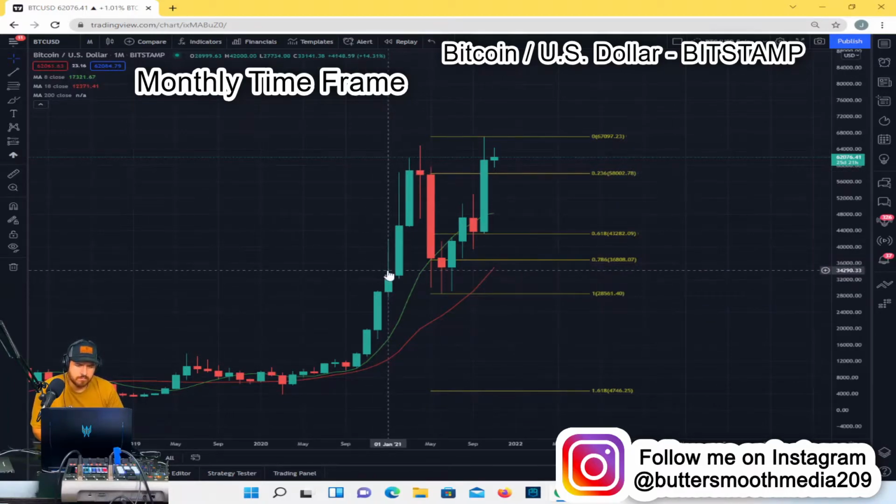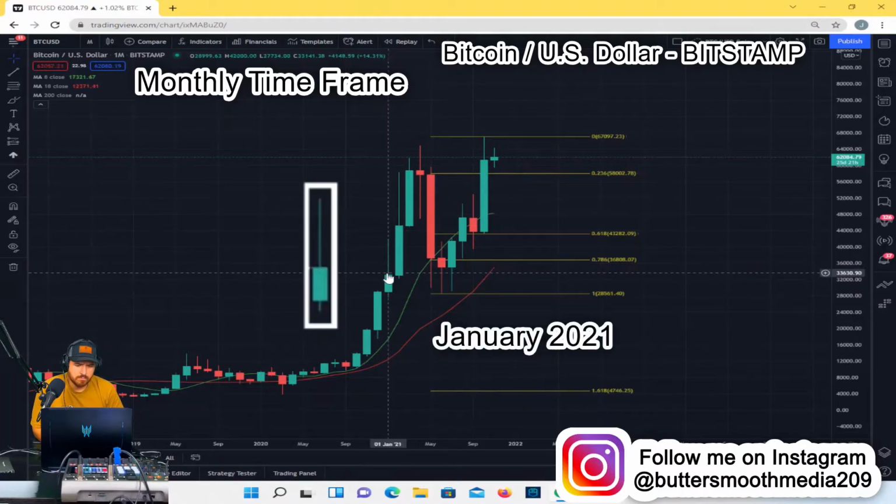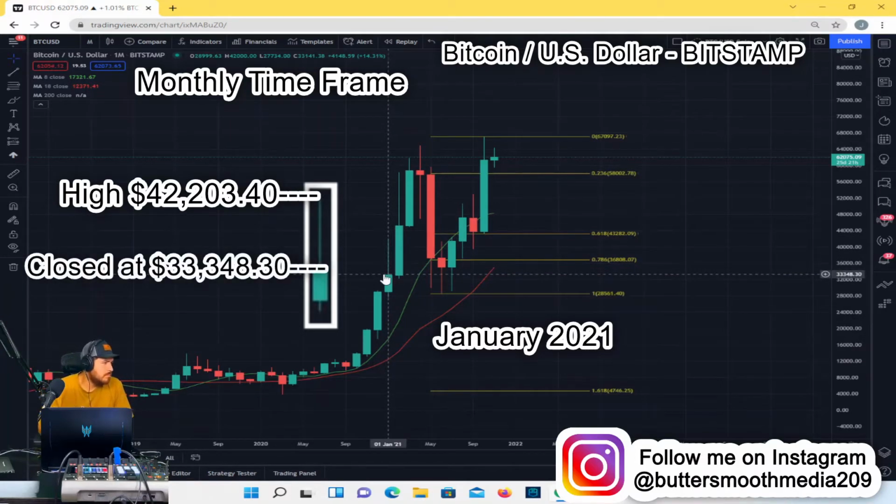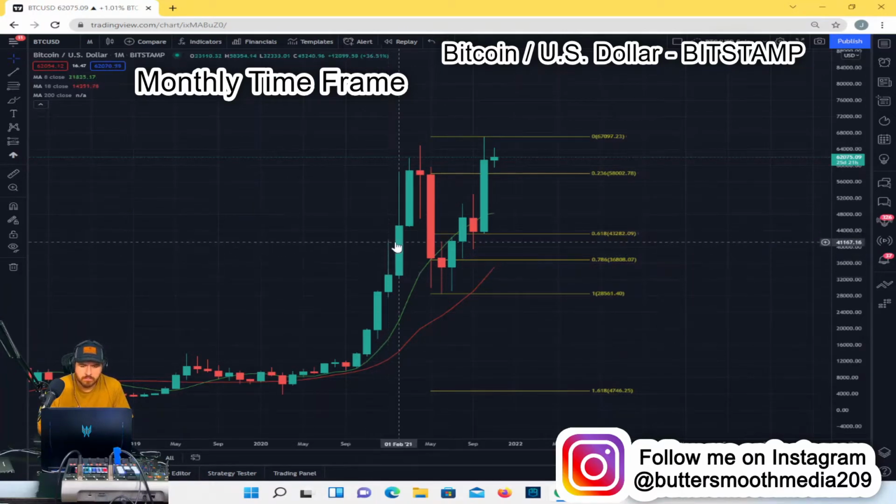If you look at this candle here in January of 2021, the wick went all the way up to about $42,000, but by the time the monthly candle actually closed, it closed around $33,000. At the time, that would have been a large level of resistance until February came along and completely annihilated that previous wick.